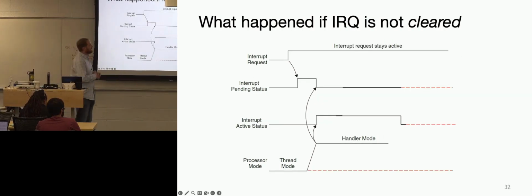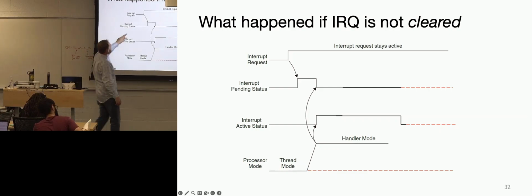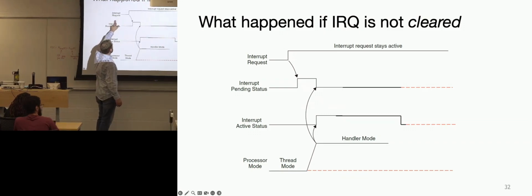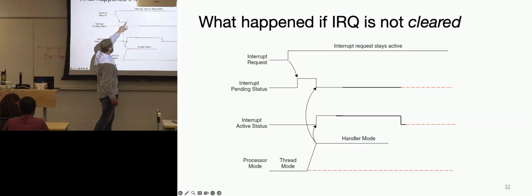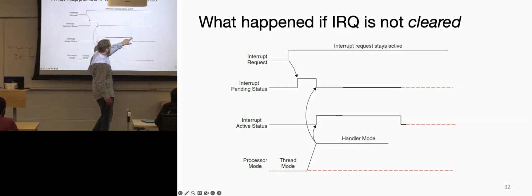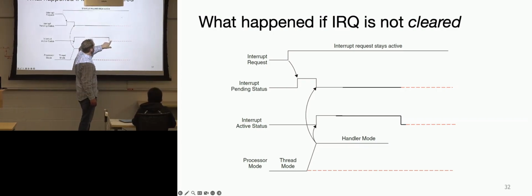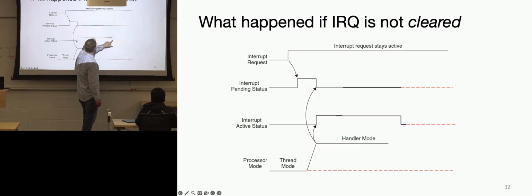All right, in the last week, I'll just go through these. You guys can draw them out if you want, and we'll save it. We'll have one on the back that you haven't done yet. So in this particular case, our interrupt request came high, okay? And then our pending status went high as well, went into pending, that caused it to go into active, and then your handler goes. And the question is, what happens when you exit your active state?